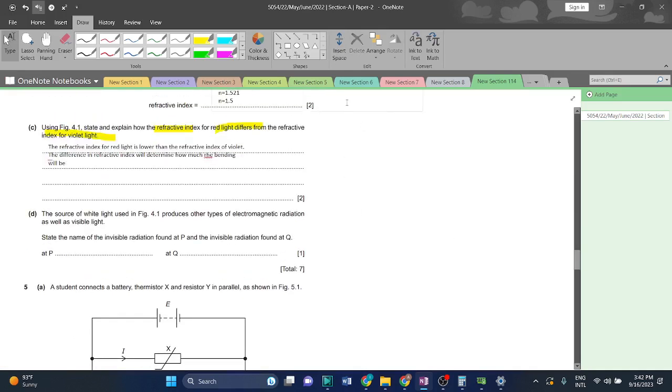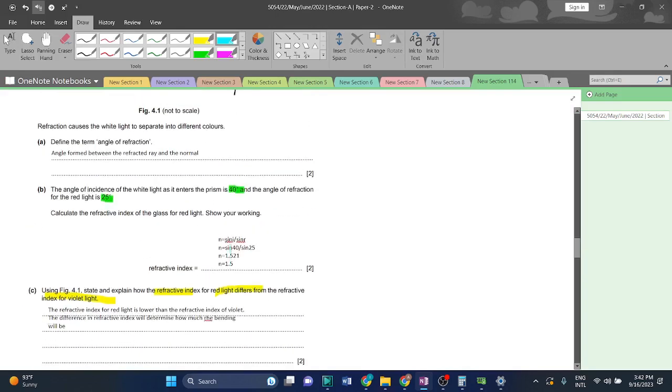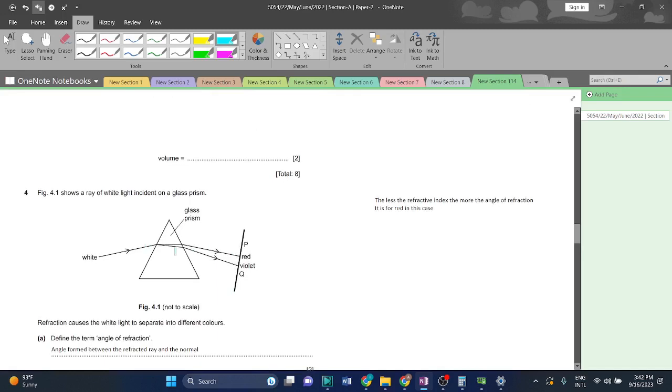The source of white light used in figure 4.1 produces other electromagnetic radiation as well as visible light. State the name of the visible radiation found at P and the visible radiation found at Q. At P, if we look at P, it is higher than red or violet.